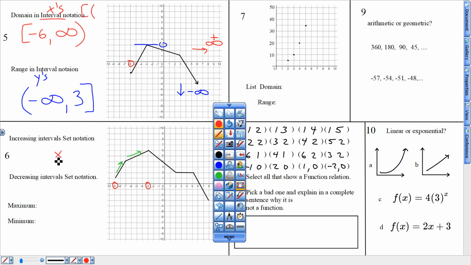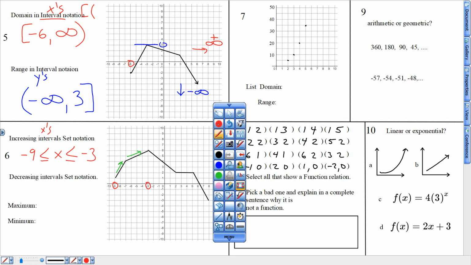Always intervals using x's. And then my inequalities always overlap this way because there's no openings here. I'm going to put my lines, and then I take that -9, and then I write that as -3. We don't really want you to break that up into 2 sections because they're both going uphill right there.